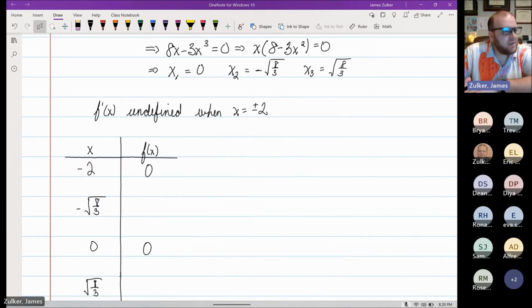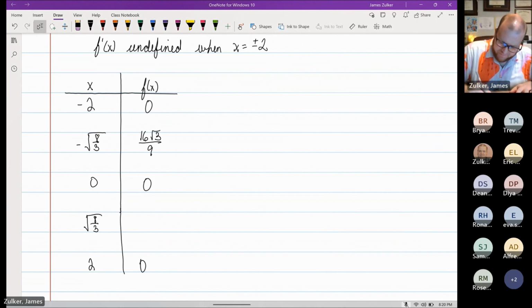Oh, plug it into a calculator. You'll get 16 root 3/9 for both of them.